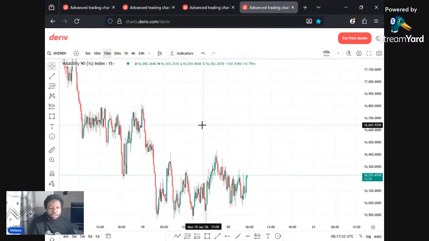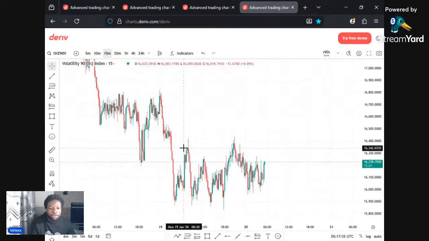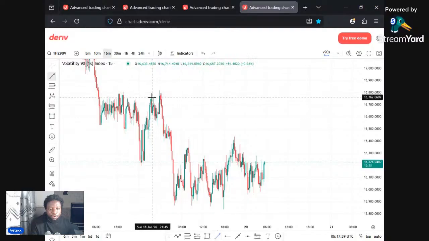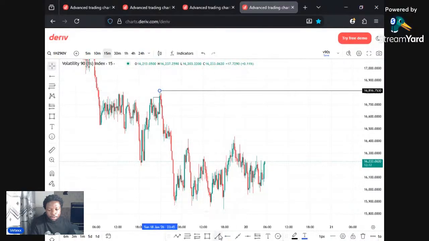Now clearly you can see that we have a 15-minute continuation here. Number one, we have our sweep of liquidity, which is here. We have our protected high, which is here. We have our first break of structure, which is this. You can use this as our first break of structure.